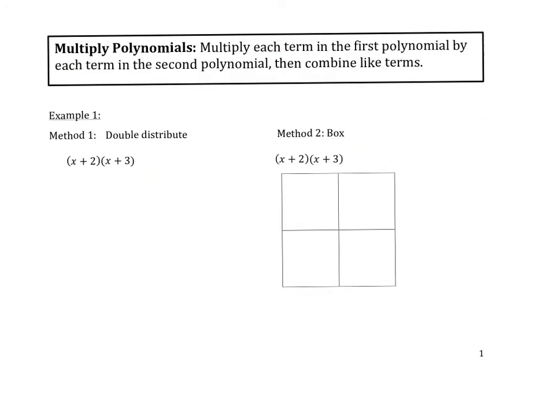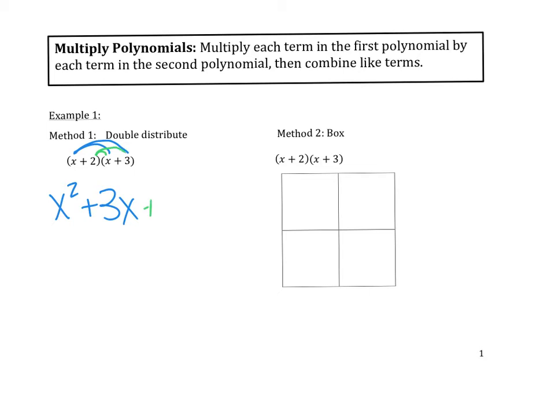Example 1. Multiply x plus 2 times x plus 3. We need to distribute the x, which means that we multiply x times x to get x squared, and x times 3 to get 3x. We also need to multiply the 2 and distribute it.